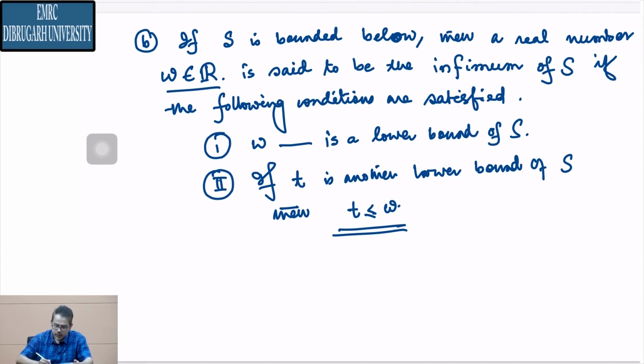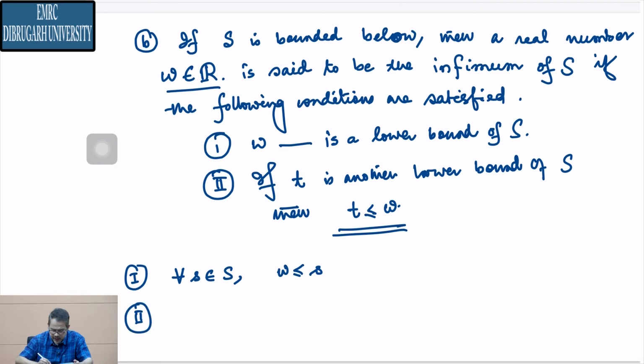Okay. So, what does that mean? If W is a lower bound of S, that means for all s in S, W should be less than or equal to s, that is condition 1.